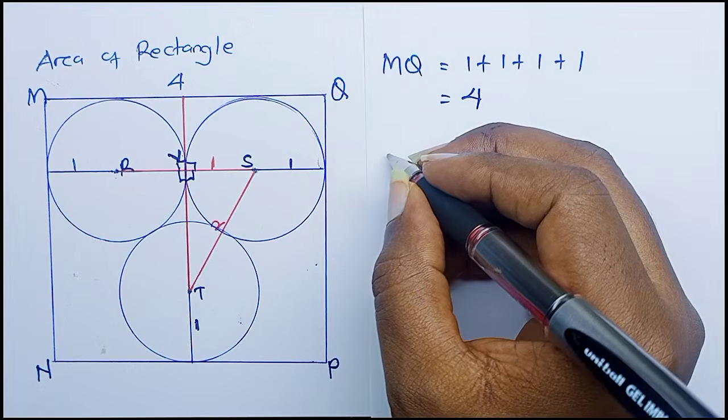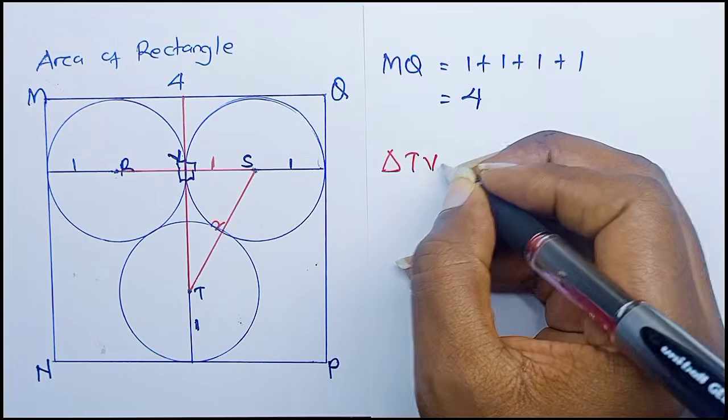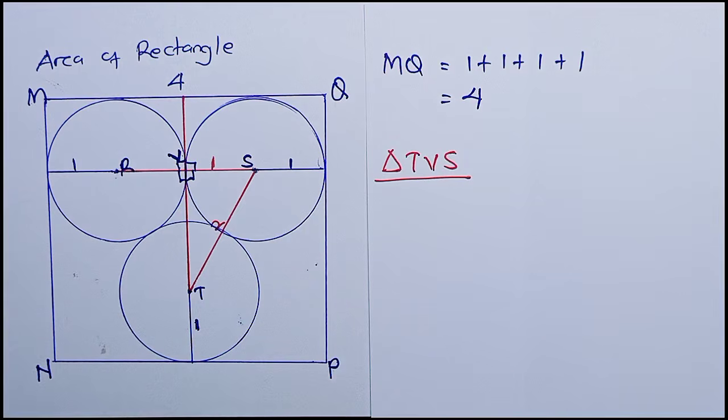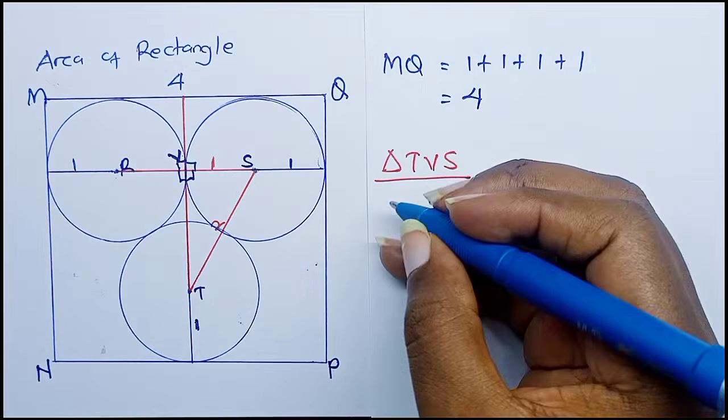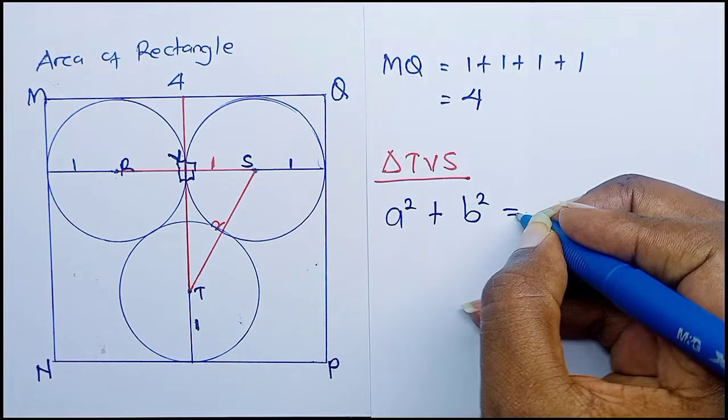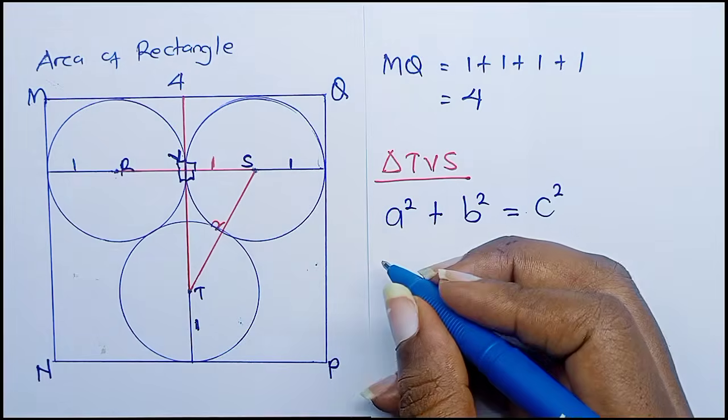Since the triangle TVS is a right angled triangle, we are going to solve using Pythagoras theorem, which is a squared plus b squared is equal to c squared.